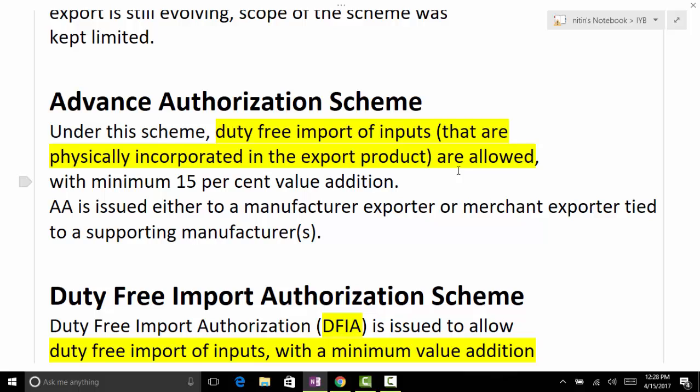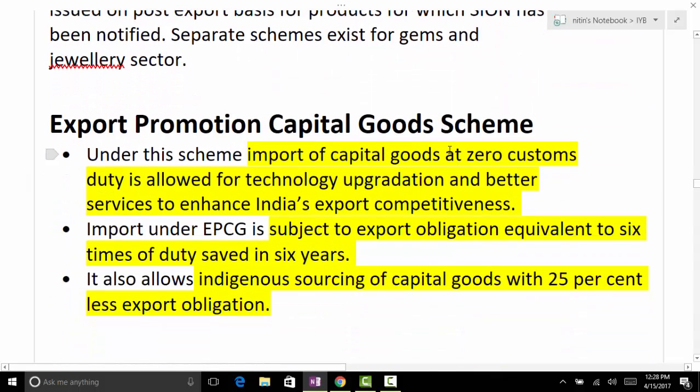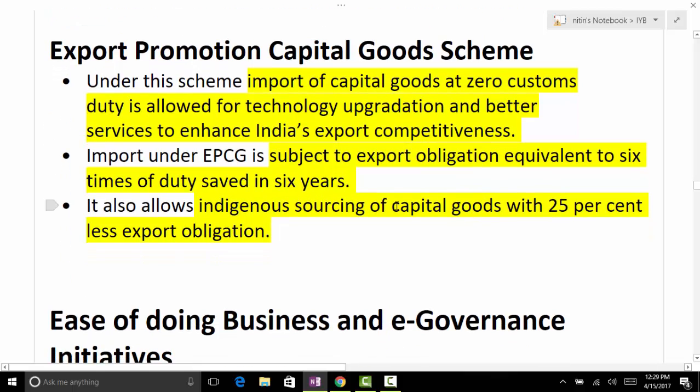So the idea is again to encourage exports. The EPCG scheme is again to encourage exports, but here it is the import of capital goods. And again the objective is the same, to strengthen India's export competitiveness.